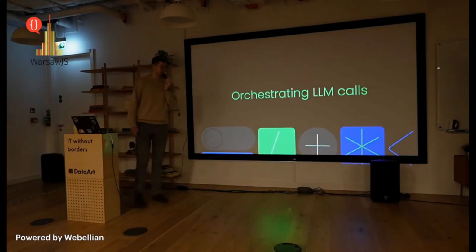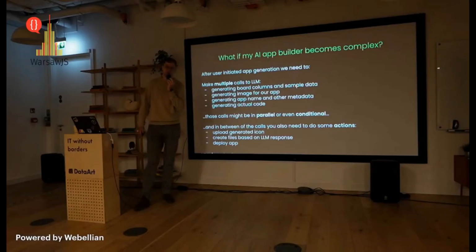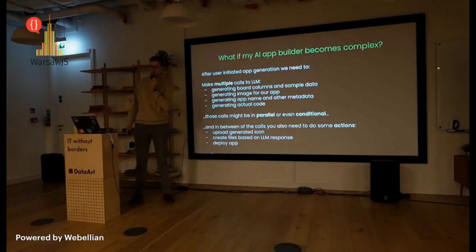And the next thing is orchestrating LLM calls. So at some point, you will realize that you need to make multiple calls to the LLM. For example, one to generate the app name, a second one to generate the image, a third one to generate the actual code of the app.